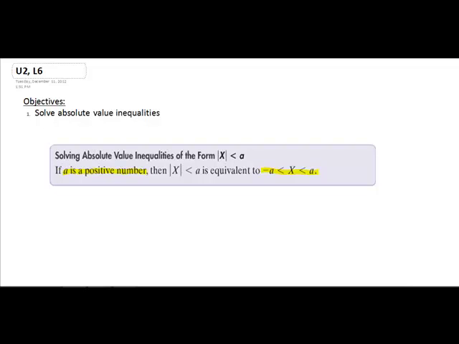Now let's think about why a has to be positive. Because, for instance, let's say this. If the absolute value of, let me just make something up real quick, 3x is less than negative 2, for instance. Think about what absolute value means. Absolute value means distance from 0, and it can never be negative. Absolute value is always positive.